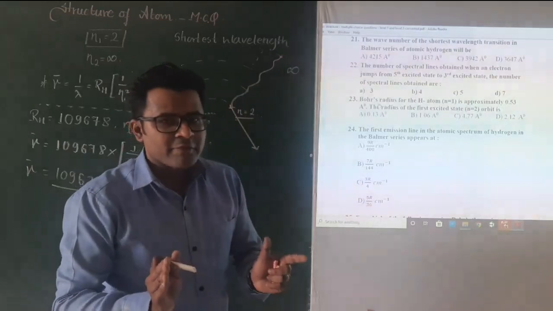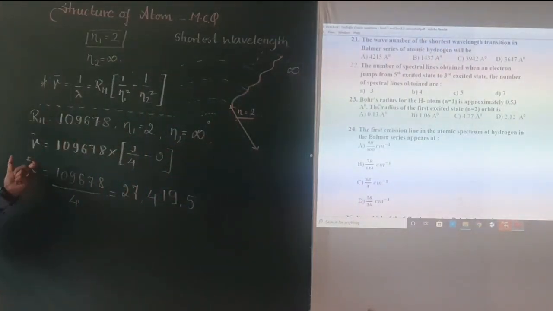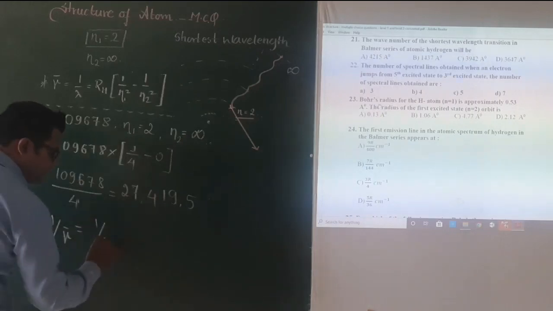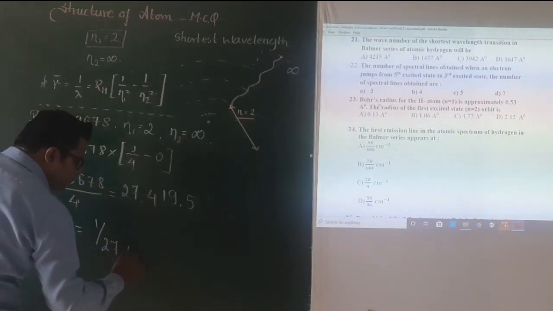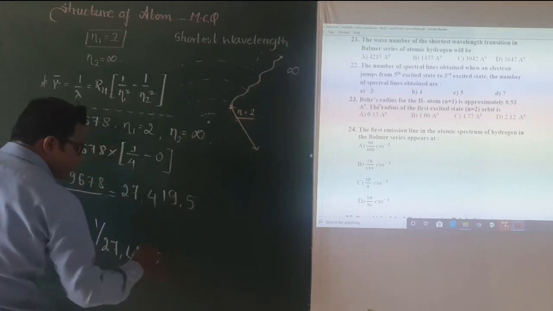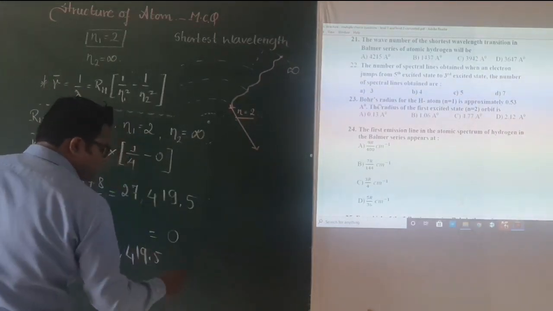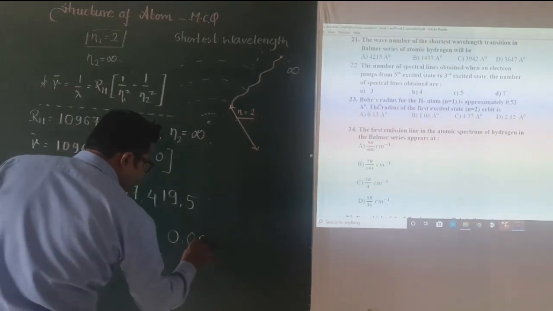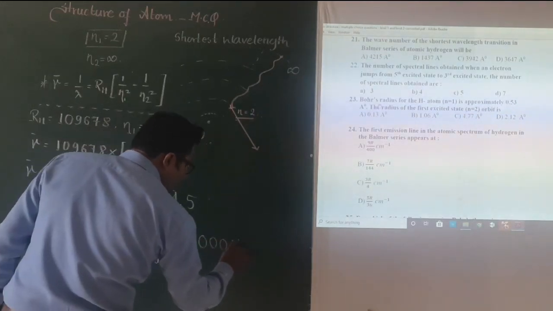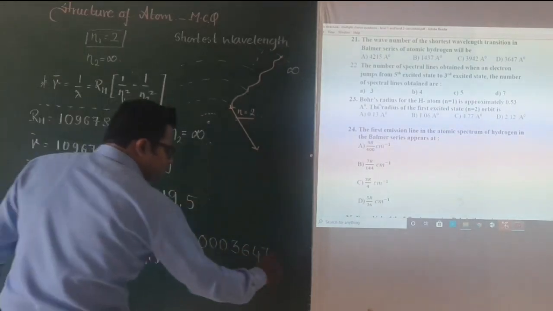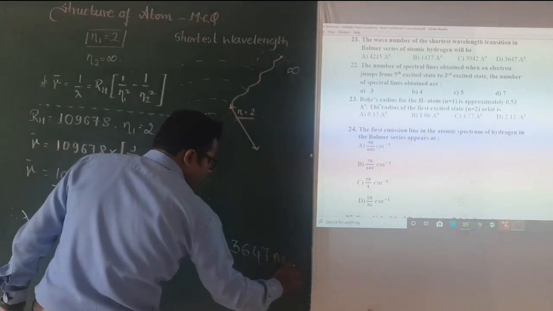They are expecting a shortest wavelength. Over here we have taken nu bar, the wave number. So wavelength is nothing more than 1 over nu bar, and that is equal to 1 over 27,419.5. When we solve this, we would get an answer of nearly 0.003647 meters.